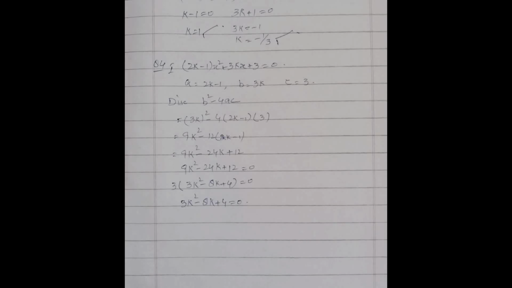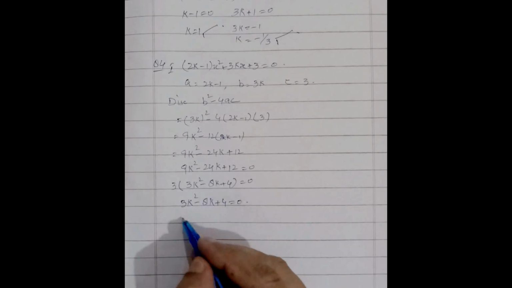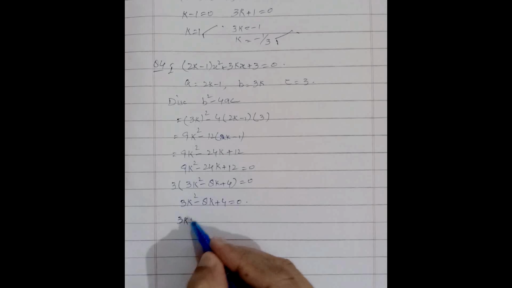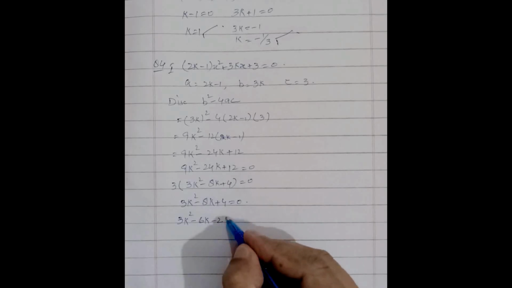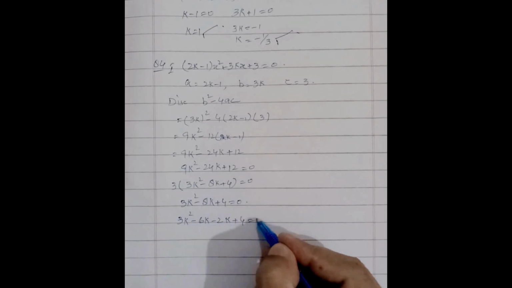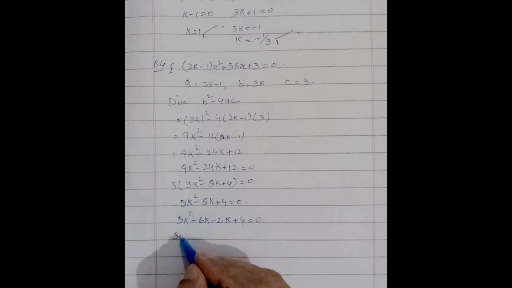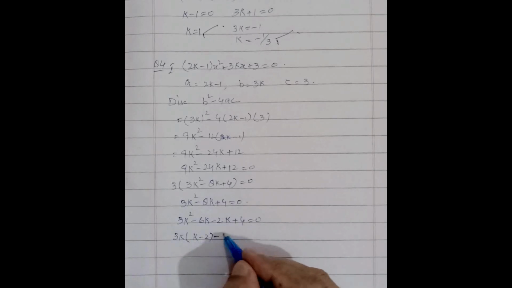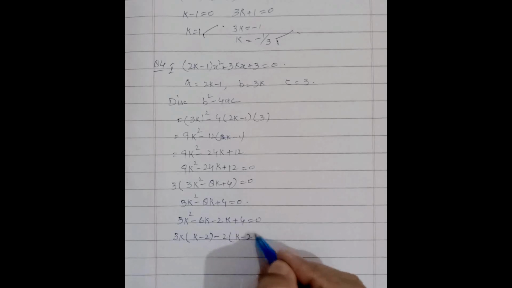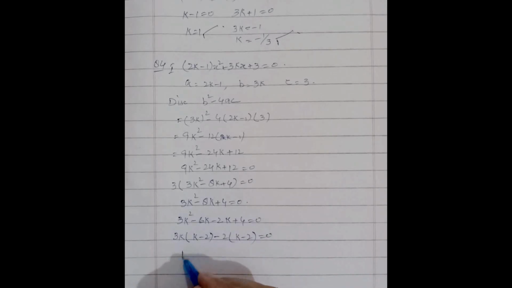And now we factorize. 3k square minus 6k minus 2k plus 4 is equal to 0. 3k common, (k minus 2), minus 2 common, (k minus 2) is equal to 0.